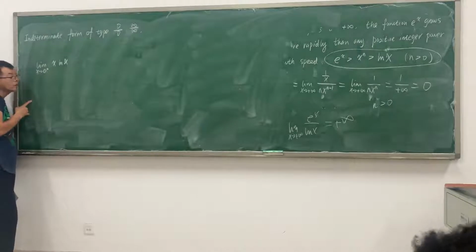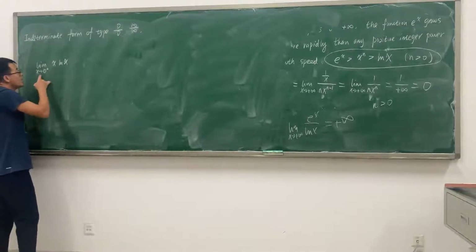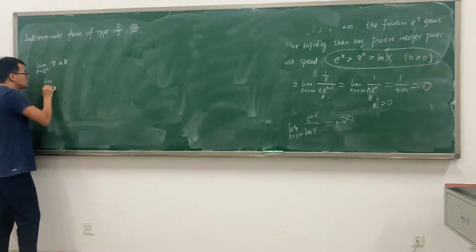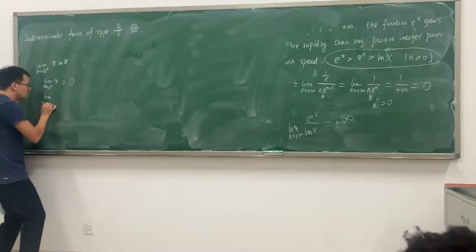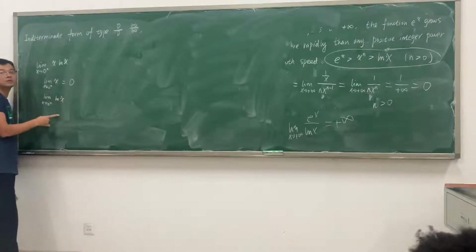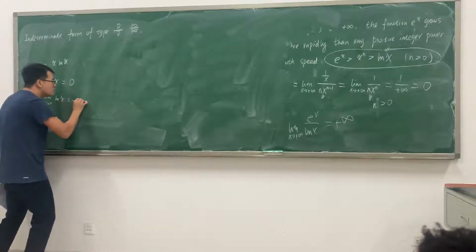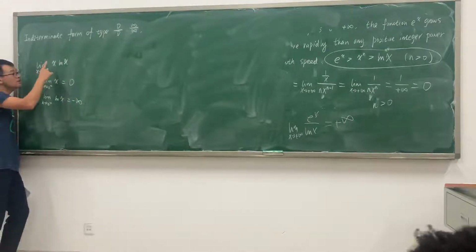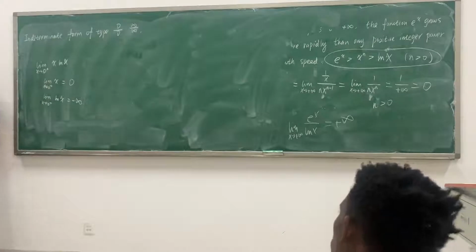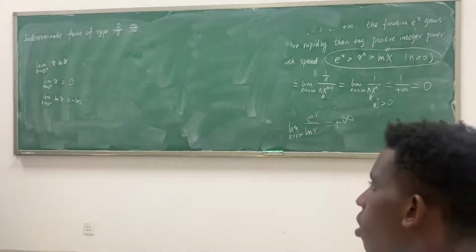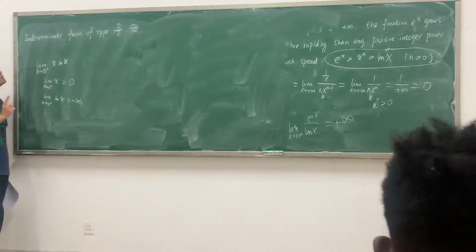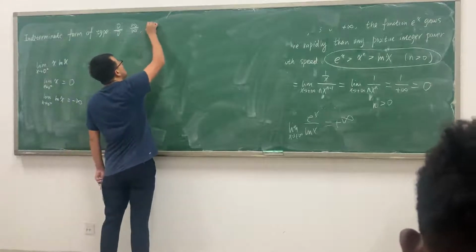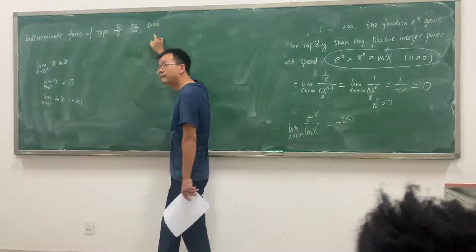The limit of x as x approaches 0 from the right is 0, and the limit of ln x as x approaches 0 from the right is minus infinity. So here we have 0 times infinity, which is also an indeterminate form.